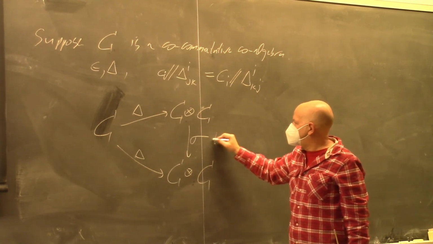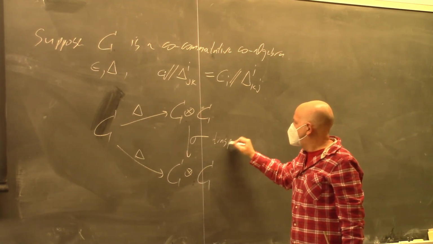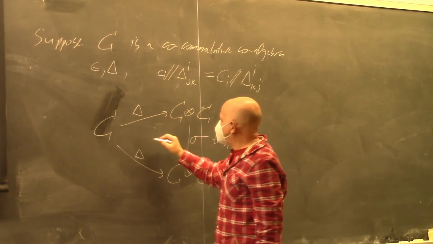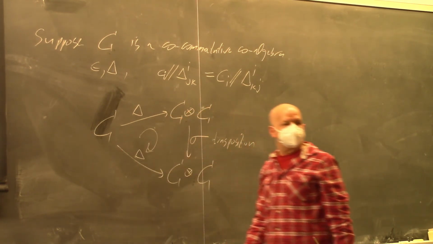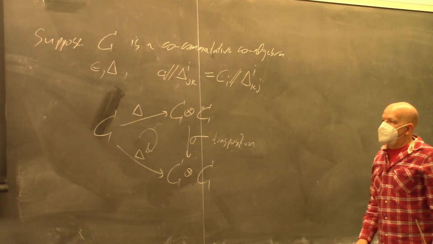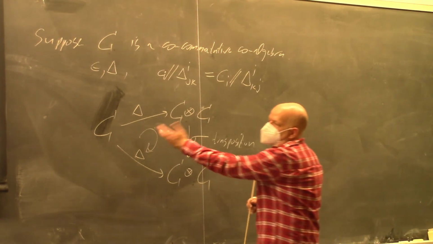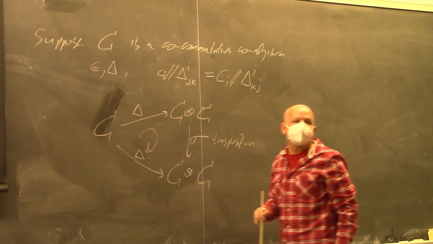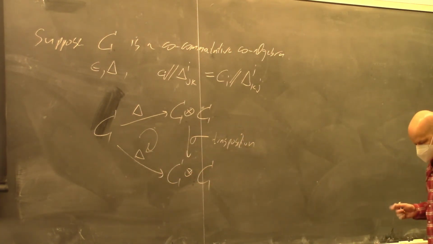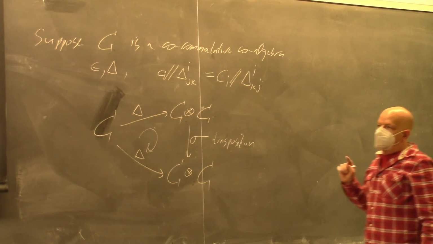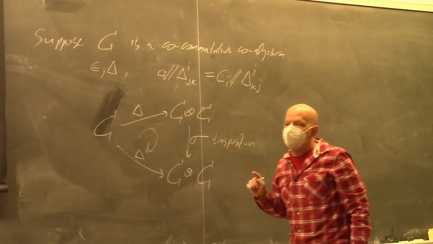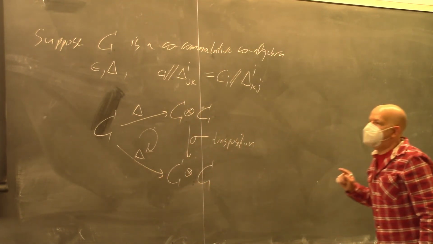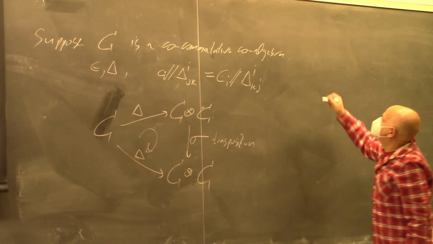So this is the transposition, and to say that the coalgebra is co-commutative is to say that this commutes. Again, if you reverse all the arrows, then this becomes the commutativity of multiplication. So it makes sense. In a general co-commutative coalgebra, I will define two classes of elements.